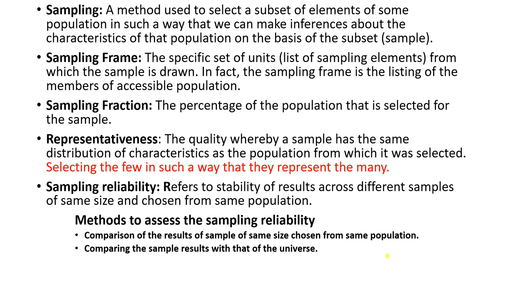And if the discrepancy is less, then it is highly reliable. And a third technique may involve comparing the sample results with the subsamples drawn from the same sample. So we can do resampling from the same sample and then compare the results of the resampled samples with that of the sample results.